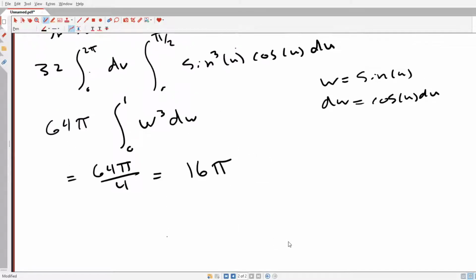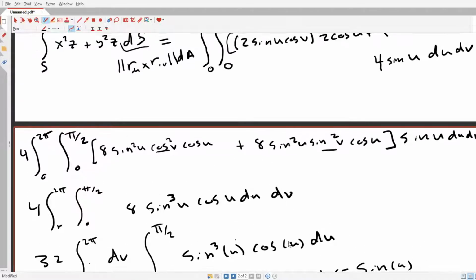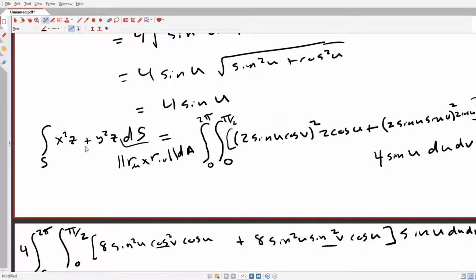I'm integrating x squared z plus y squared z. So the integral of this function over this surface is 16 pi.